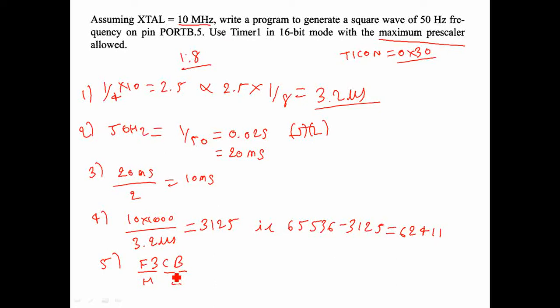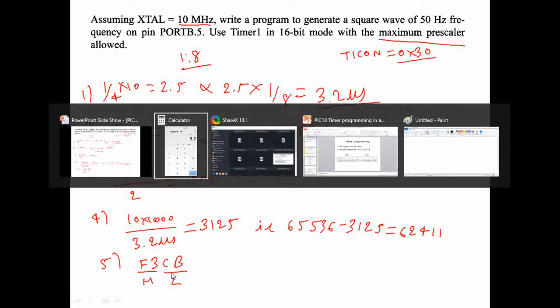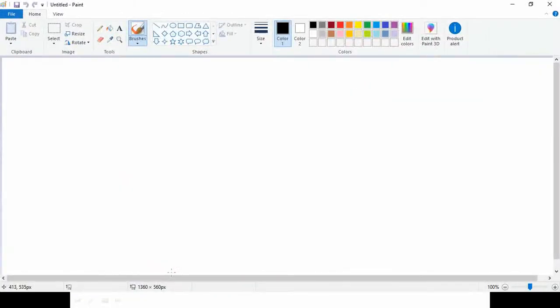So let us start writing the program for port B with the value F3CB and a T1CON of 0x30. Let us start by initializing port B, pin number 5, as an output. That's the pin where the frequency of 50 hertz has to be generated.